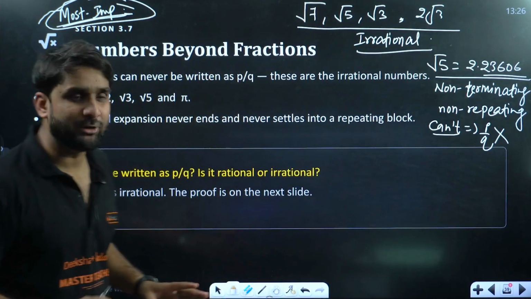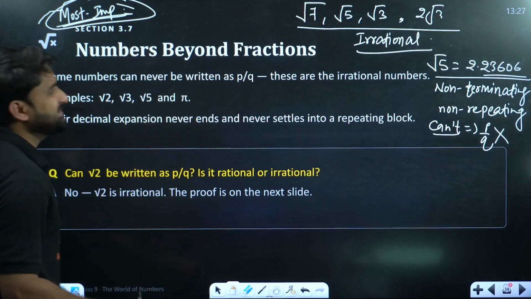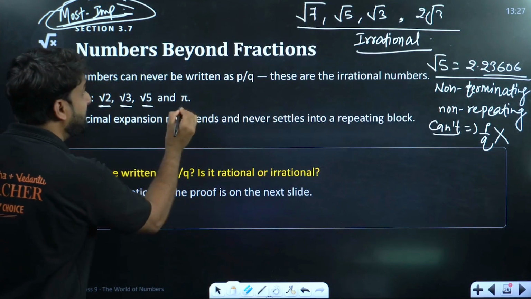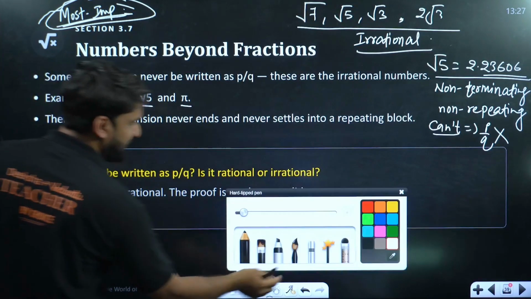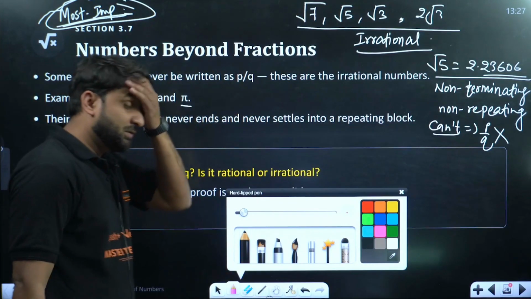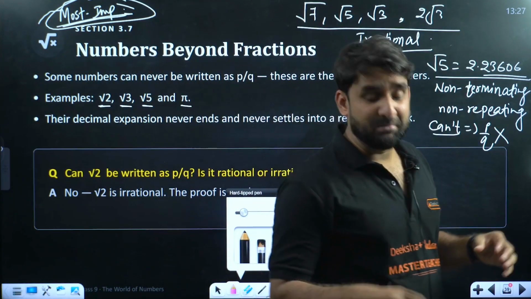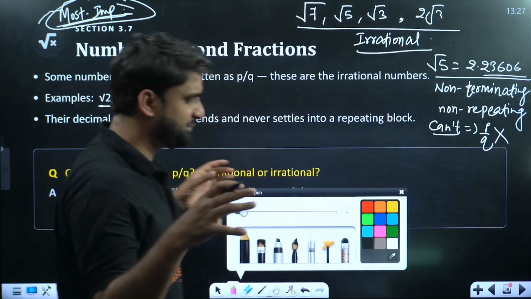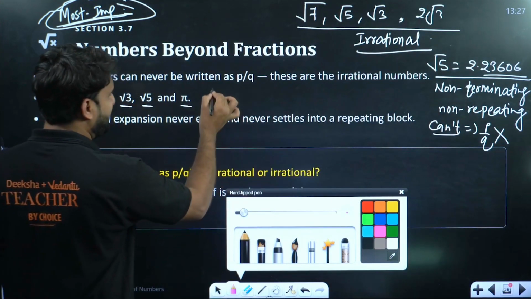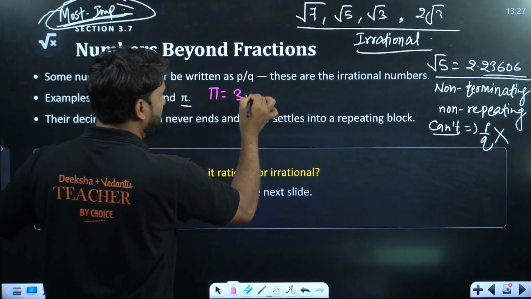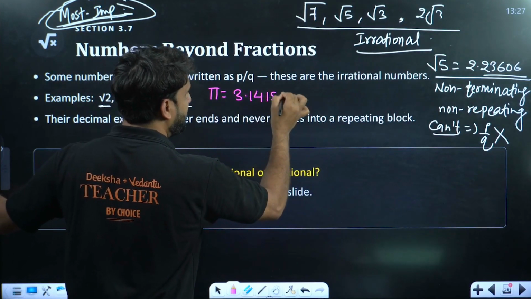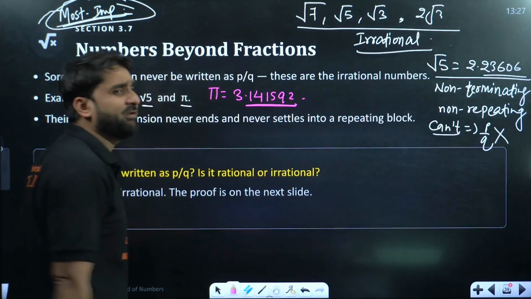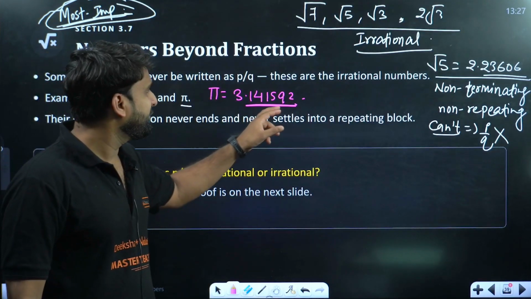Okay, this is clear to you all. So numbers beyond fractions are irrational numbers such as √2, √3, √5, pi also. When you write the decimal expansion of pi, you will be amazed to see the result. The decimal expansion of pi is very unsystematic. If I write pi here, 3.141592, look at the numbers after the decimal, they are not repeating in a perfect way. 3.14159.